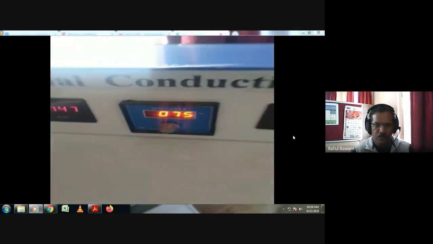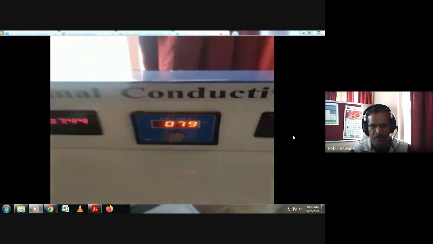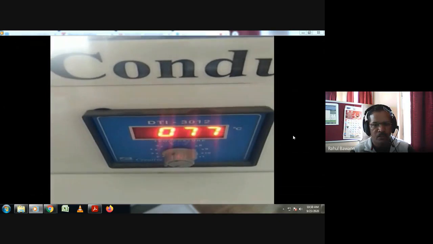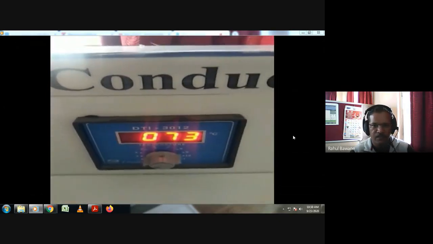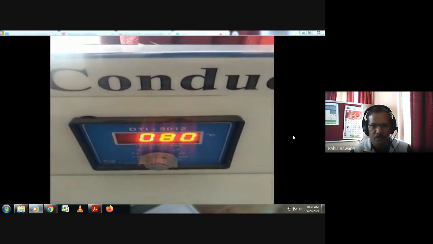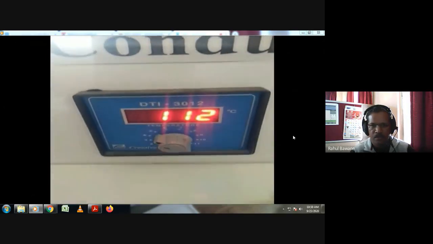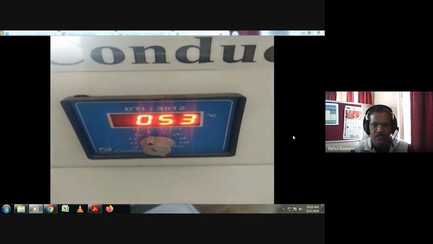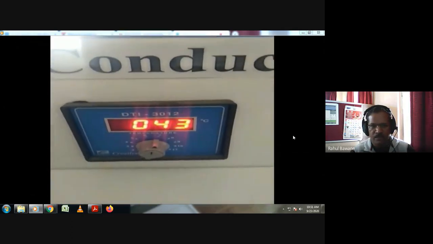So next is set 4. This time temperature T1 is 79. So rotate the temperature knob and note down the corresponding temperature. Then T3, T4, T5, T6, T7, and last T8.